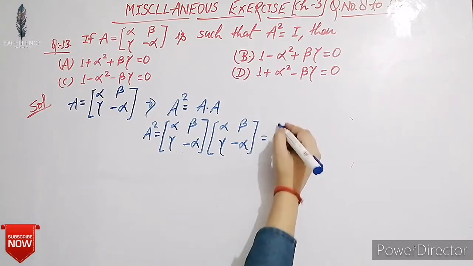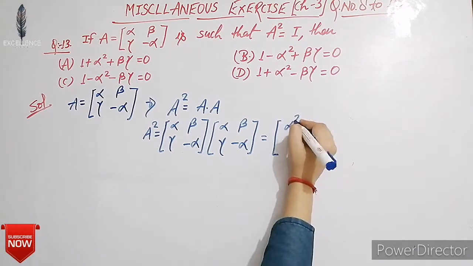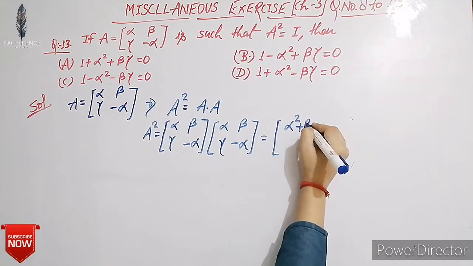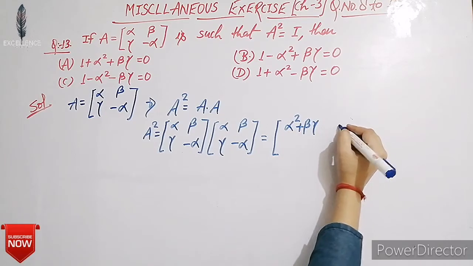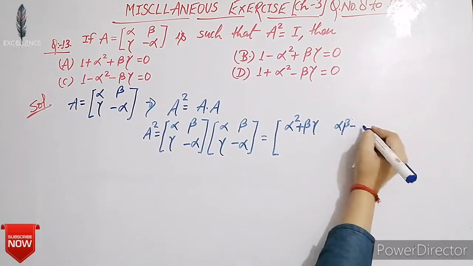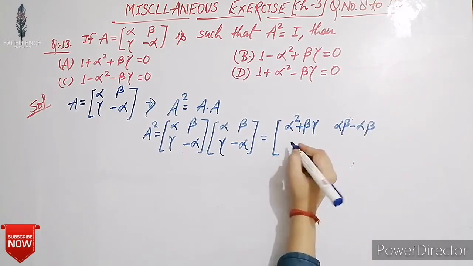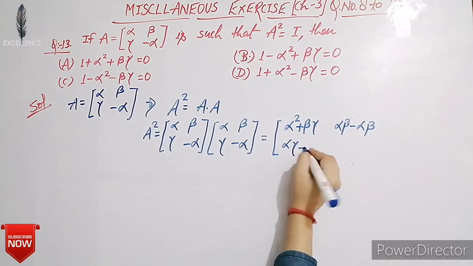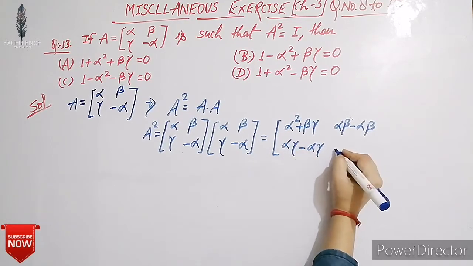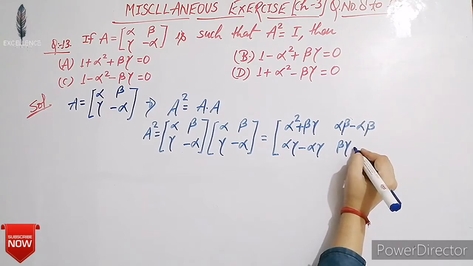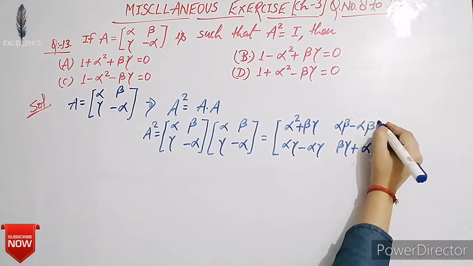On multiplying, we have alpha square plus beta gamma. First row by second column we have alpha beta minus alpha beta. Second row by first column, that is alpha gamma minus alpha gamma.